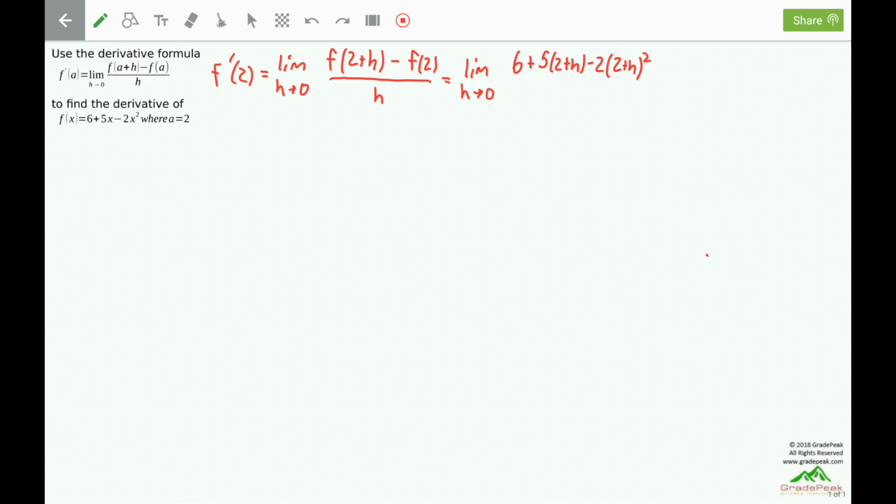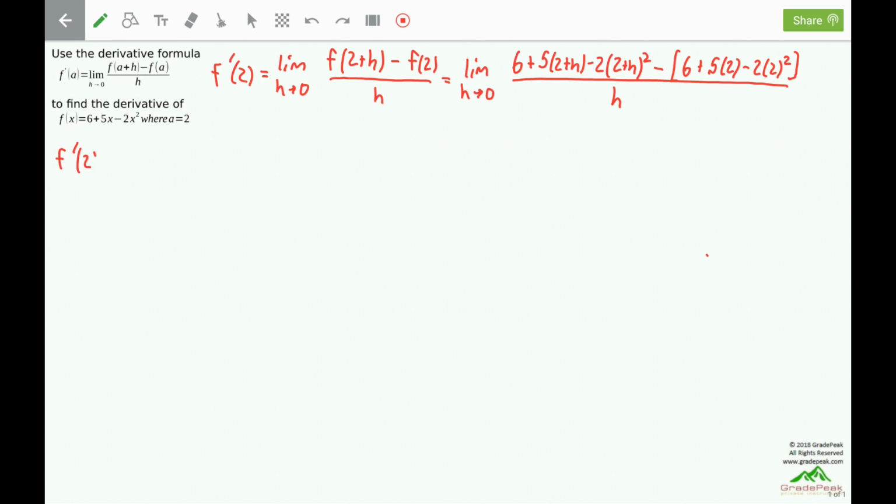And then evaluate f of 2, and we're going to be subtracting f of 2, the entire quantity, so put parentheses or brackets around it. And we have, for f of 2, 6 plus 5 times 2 minus 2 times 2 squared. And all of this is divided by h.